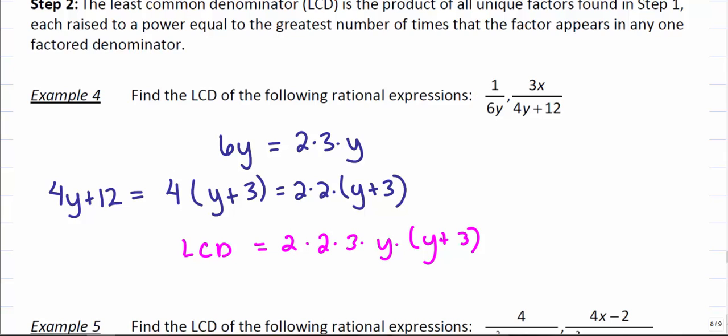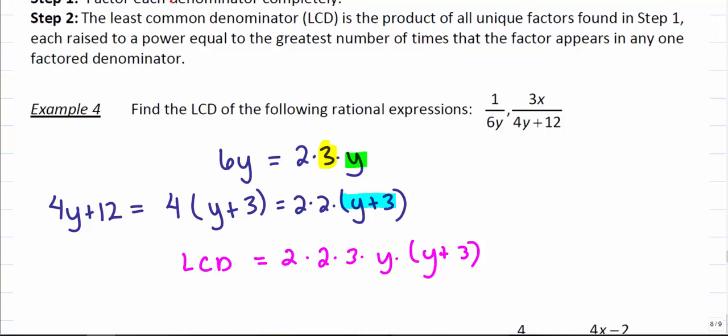Another way to look at it is this. It's the product of all unique factors. Nothing else has a y plus 3, and nothing else has a y. So those are my unique factors. So I take the product of all my unique factors.